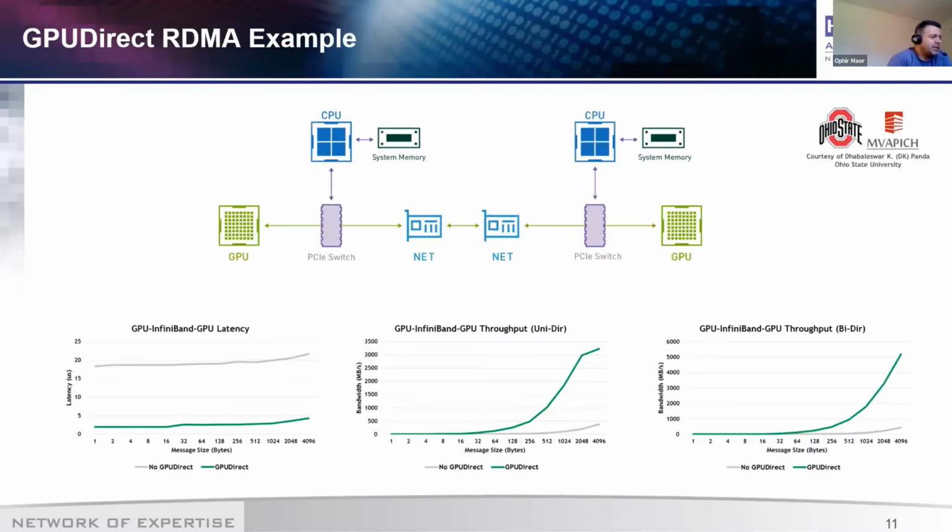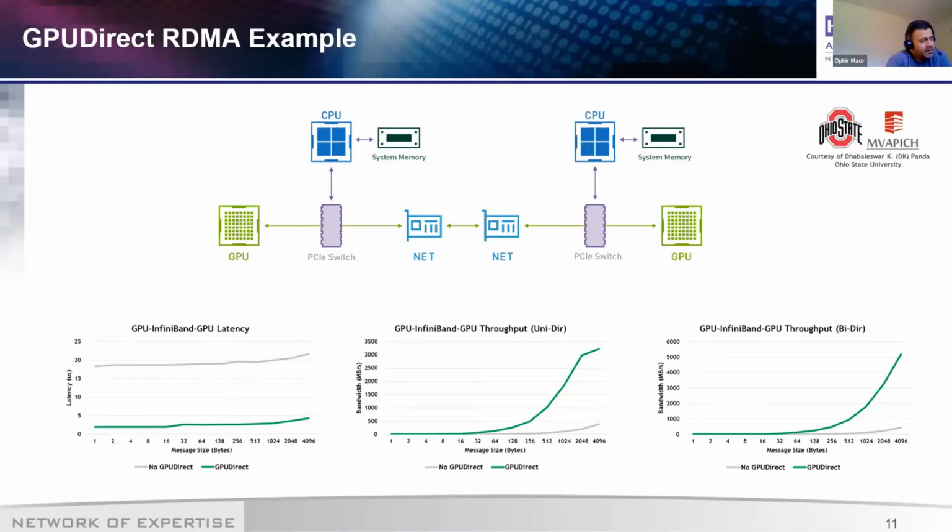This is an example with GPUDirect RDMA, GPU to GPU. Instead of going via the CPU memory or the system memory, you go from GPU memory to GPU memory, and you decrease your time, if you look at the left column, from about 20 microseconds to very few microseconds on different mesh sizes, and that helps a lot.